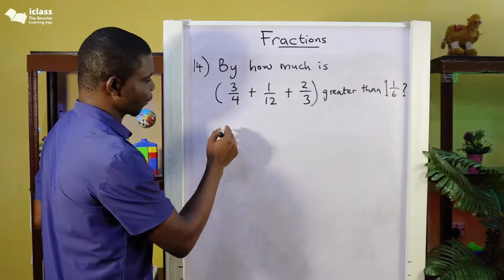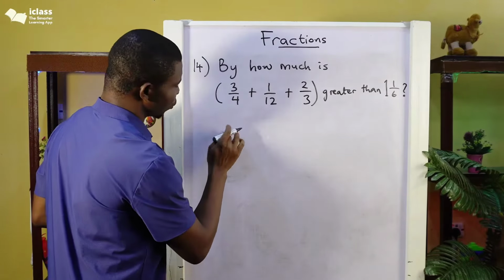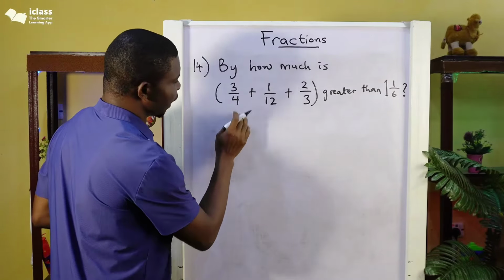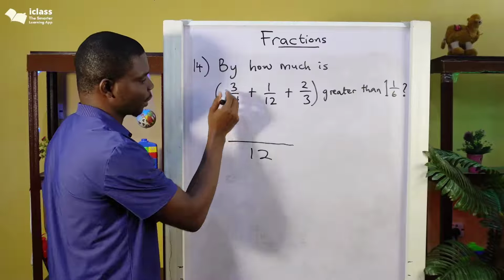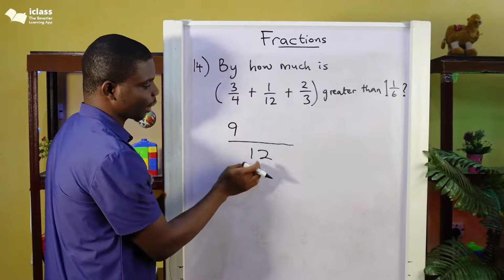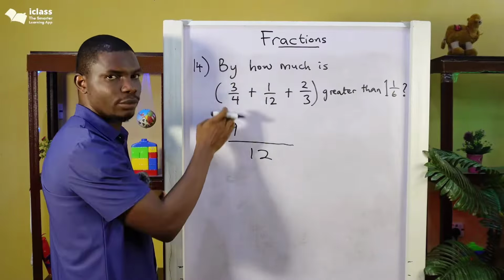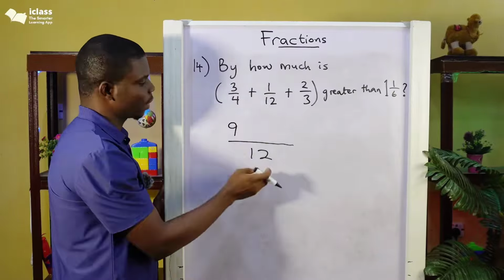So let's add this. To do that, we are going to look for the LCM of 4, 12, and 3, which is 12, right? And then we're going to say 12 divided by 4 is 3, times 3 is 9. So 9 over 12 is the same thing as 3 over 4. Plus 12 divided by 12 is 1, times 1 is 1.